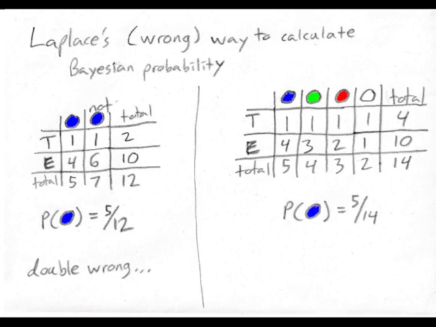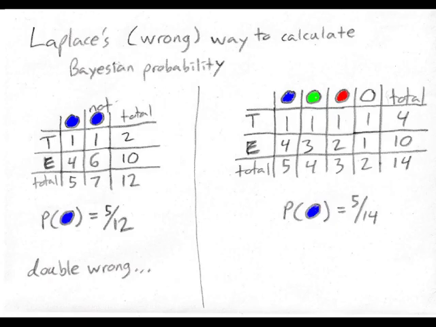Laplace's way to calculate Bayesian probability will give a theoretical count of 1 for each credible option before looking at the experimental data. When there's only 2 options, the probability of a blue is 5/12.